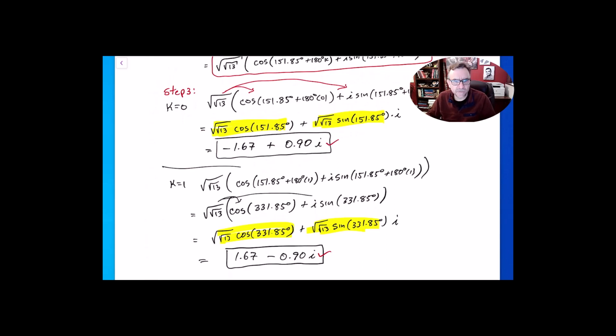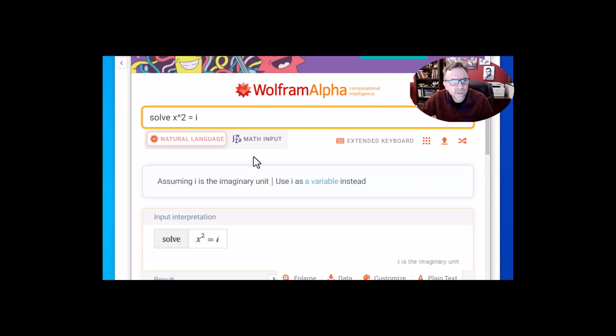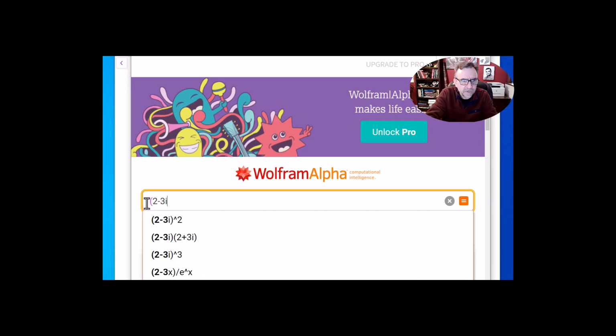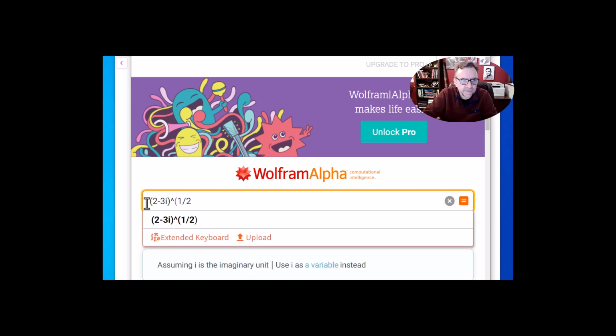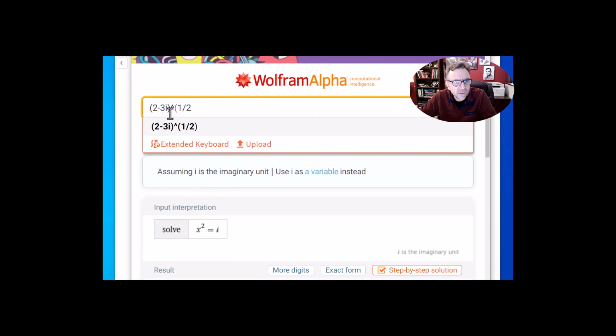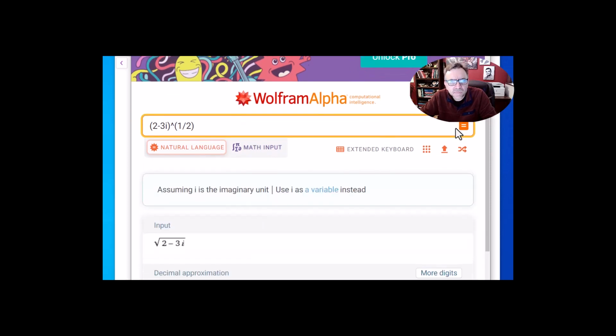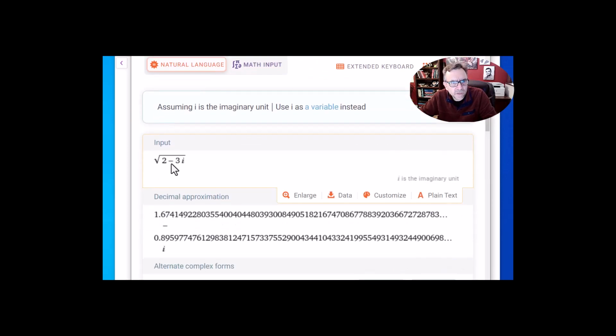All right, so let's go to Wolfram Alpha and see if we got that right. Nice to check our answers sometimes. So right here, I want to do 2 minus 3i to the 1/2 power. Let's see what we get. Square root of 2 minus 3i.